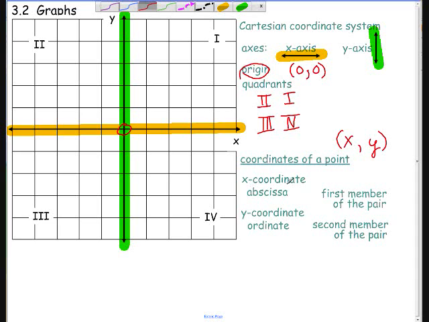We refer to the x-coordinate also as the first member of the pair, or abscissa. Yes, I don't expect you to memorize that, but I don't want you to get through this course and be able to say, gee, I never saw that word. The y-coordinate, second member of the pair, is referred to as the ordinate.